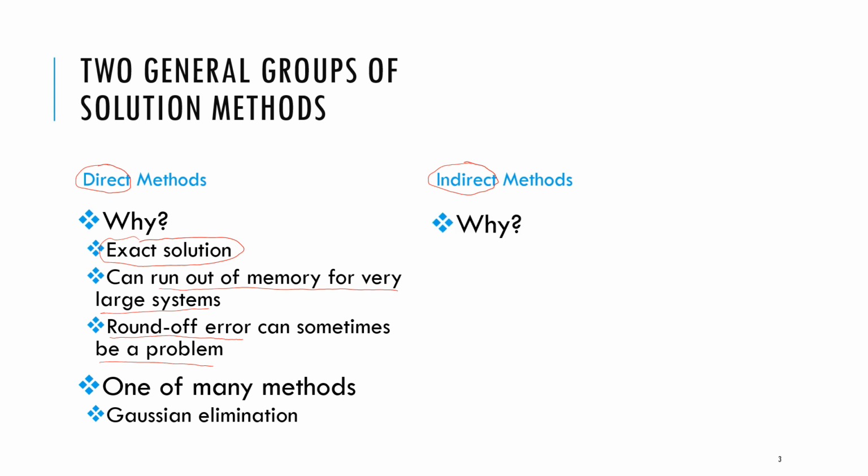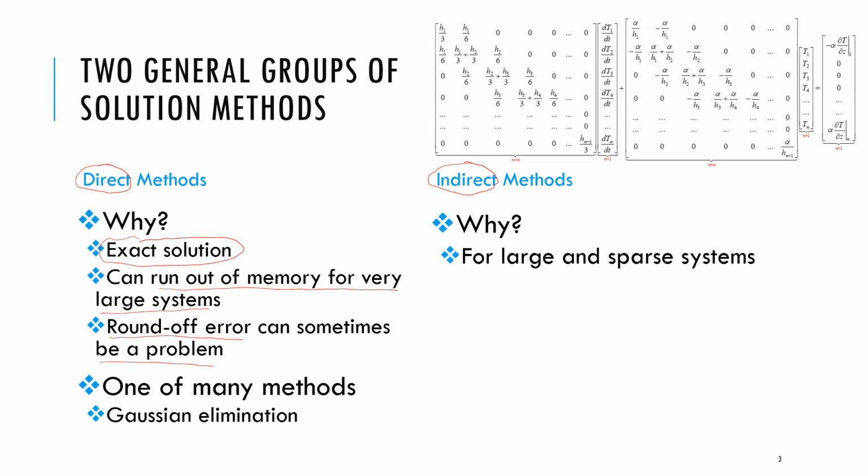Indirect methods, or iterative methods, on the other hand, are good for large and sparse systems. So what is a sparse system? The finite difference and finite element methods lead to matrices that have a lot of zeros. Here is the one that we derived in FEM, the finite element method, and you can see all of these elements here and here, they are zeros.